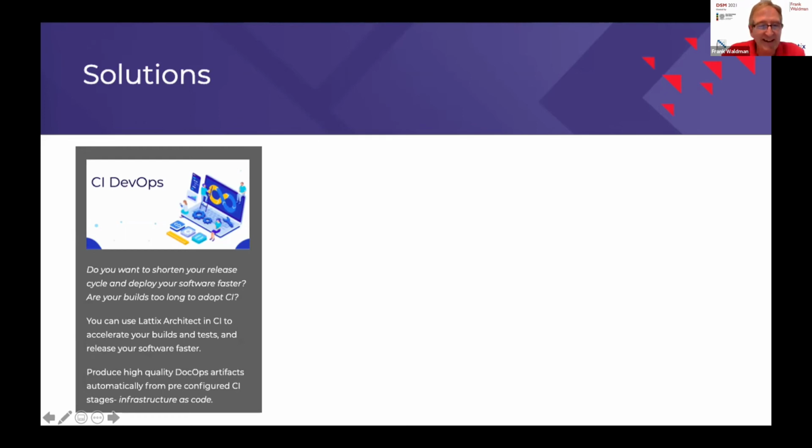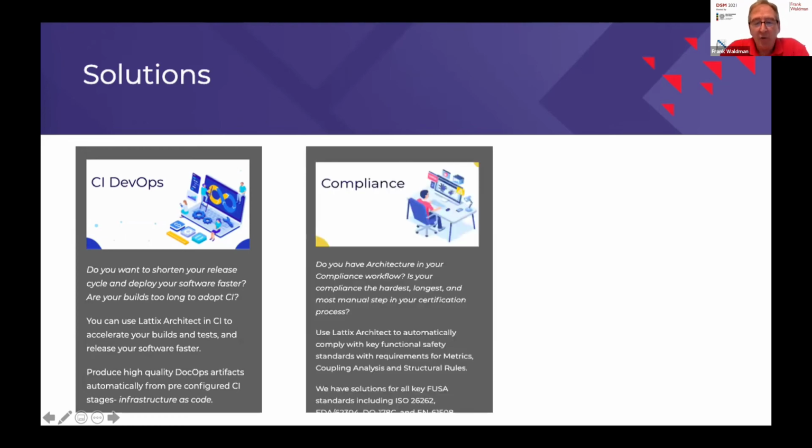So it's very nice for us because we inform the build and we inform the testing, and we bring all the data into a heat map that helps people understand where in the architecture are the issues so that they can focus on them. And of course, that leads directly to compliance.